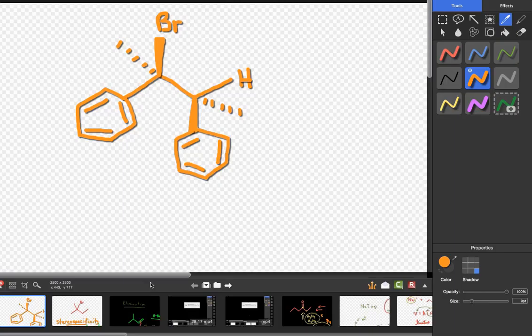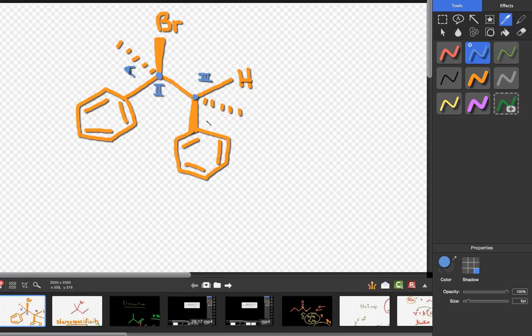So what we want to do is put this into the Newman projection. You can look down any bond that you want, but I'm going to look down this bond right here. So I'm going to call this carbon number 2, and I'm going to call this carbon number 3.